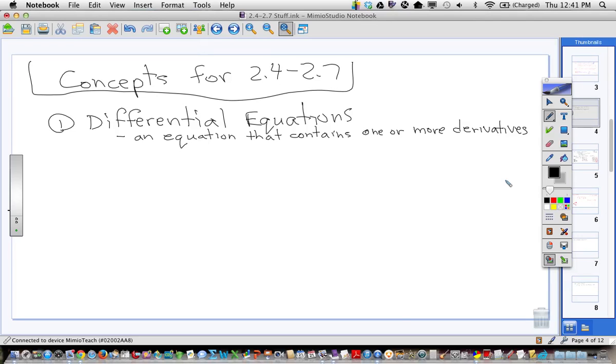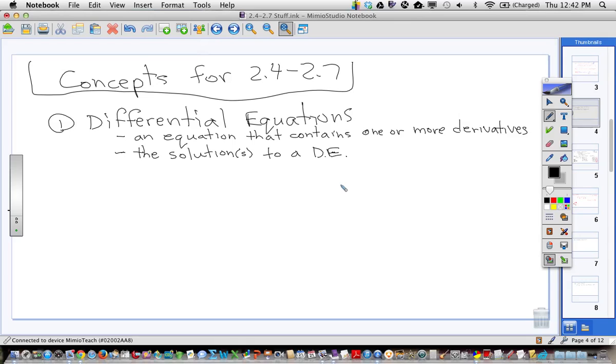Okay, now I'm going to give some examples here, and you can put these right in your notes if you want to. I'm going to put them on a separate page here because I want to keep this clean for later days to go back and look at. So before I do some examples, I'm going to put one more thing here. The solution, or solutions, to a differential equation.